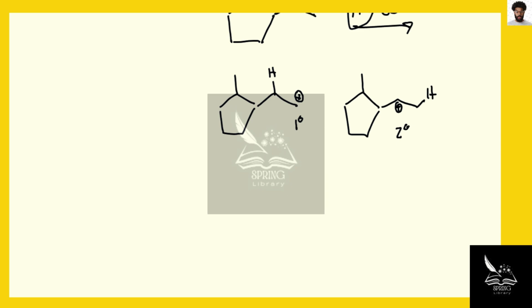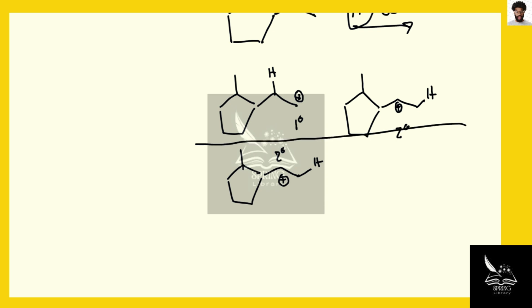Now, from this step, we have to make one more consideration. Is there some hydrogen or methyl group that could migrate that would further stabilize our secondary carbocation?